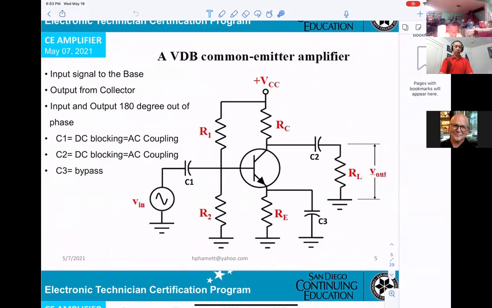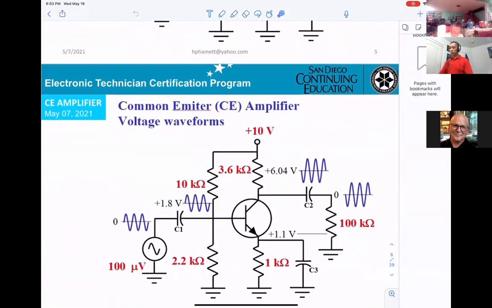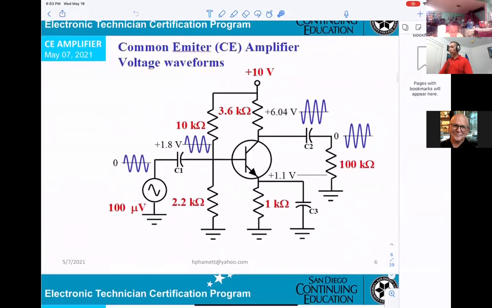Okay, now this is a common emitter, and the only thing I want you to know when you're looking into the circuitry is that it is a common emitter. Also, the input here and the output here are opposite, 180 degrees out of phase. That is what a technician must know.